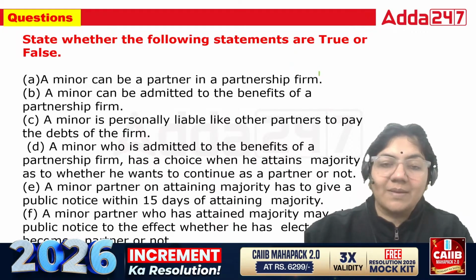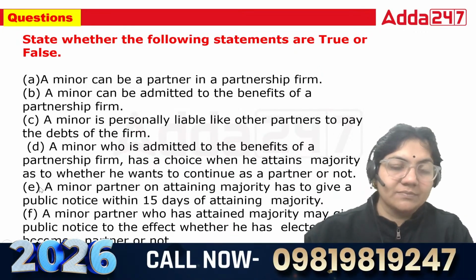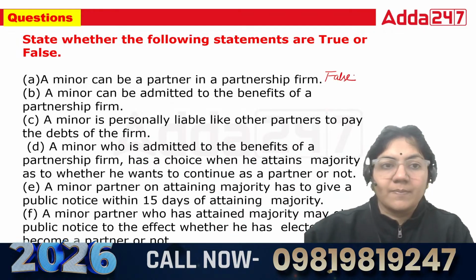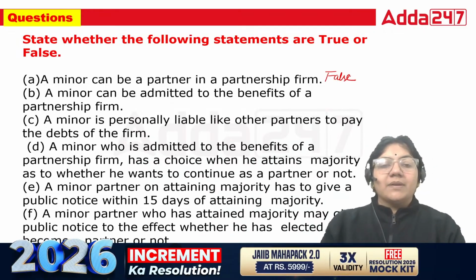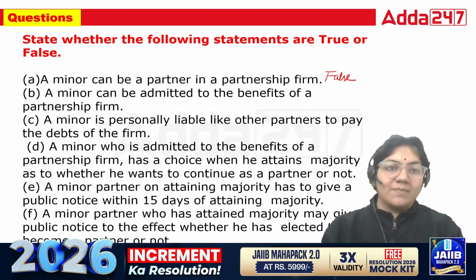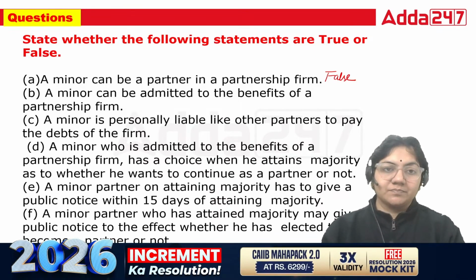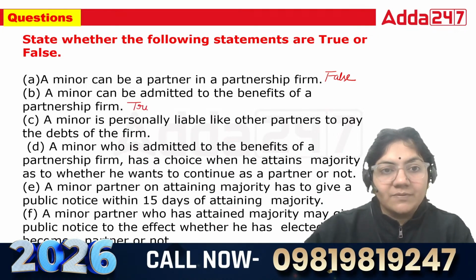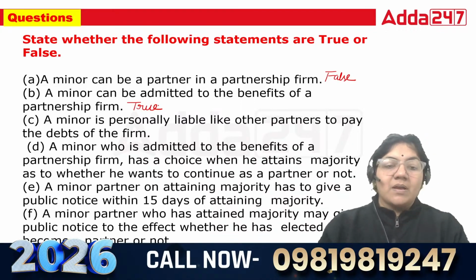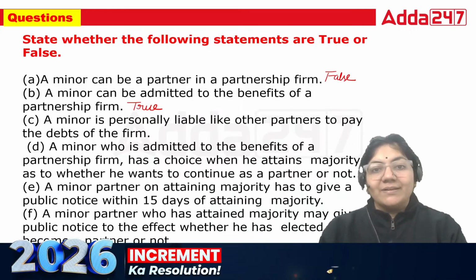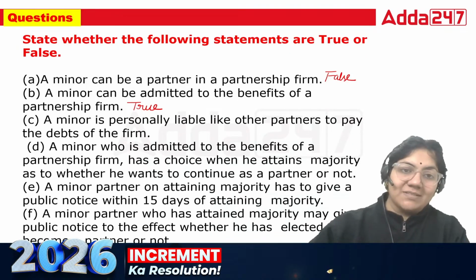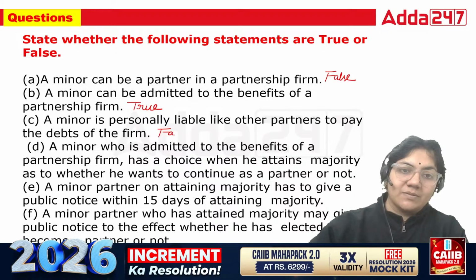So guys, this is absolutely a false statement. A minor can be admitted to the benefits of a partnership firm. That is true. A minor is personally liable, like other partners, to pay the debts of the firm. This is absolutely a false statement.